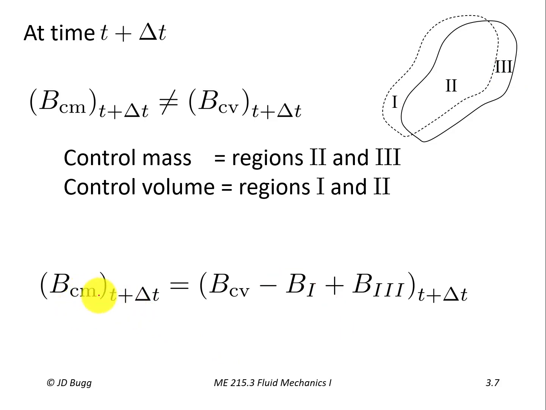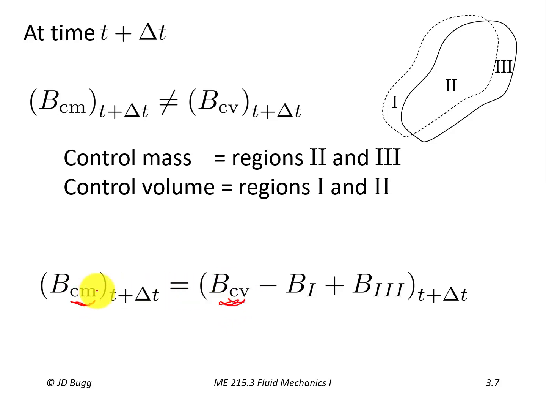This is a key starting point for developing the Reynolds Transport Theorem, because this is the first time we've related properly the amount of B in the control mass to the amount of B in the control volume.